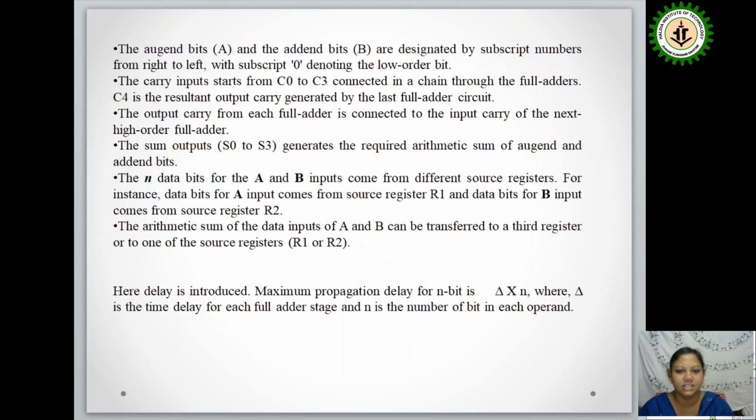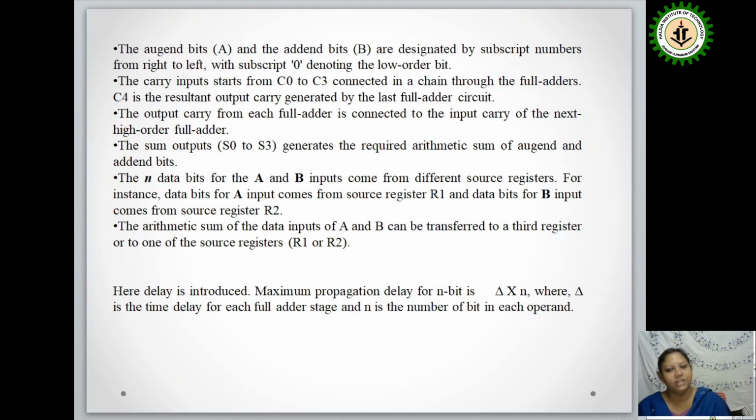So this is the description of the sum output. A and B are the two values. Bit 0 is the lower order bit and the higher bit is bit 3, that is A3 and B3. The carries are C0 to C3, and C4 is the resultant output carry from the last full adder circuit.